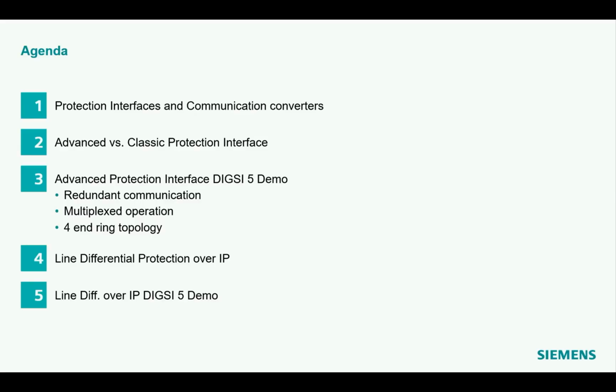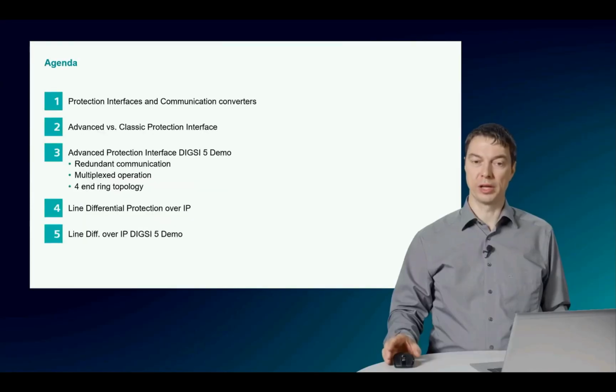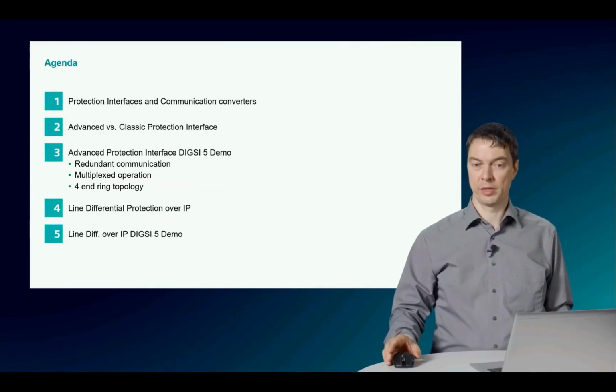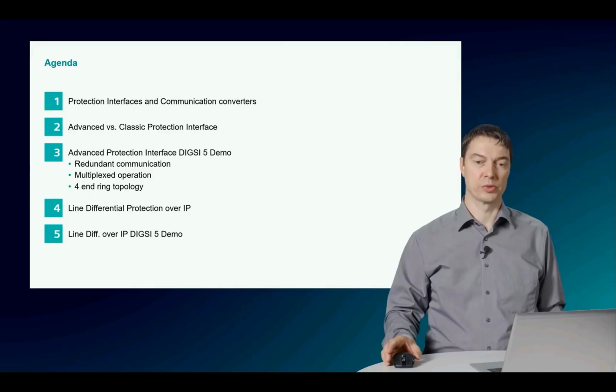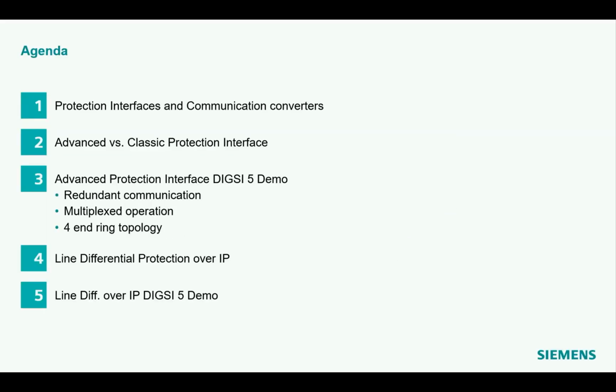Nina will then present you 3 prepared demos in DIGSI 5, where she prepared a redundant communication, a multiplexed operation, and also a 4-ended ring topology. In the fourth part, I will give you some insights into the line differential protection over IP Ethernet networks. And Nina will end this with a demo in DIGSI 5 with a line differential over IP demonstration.